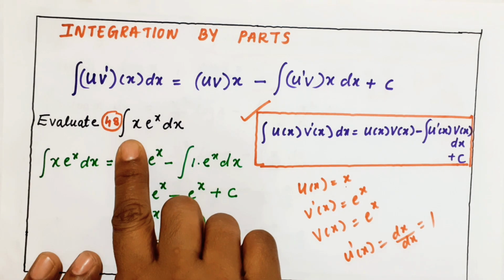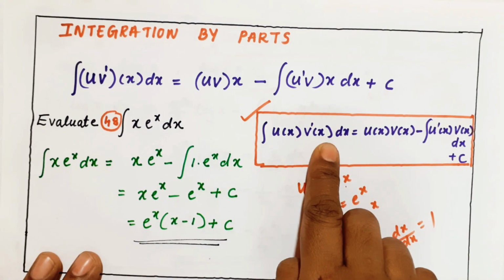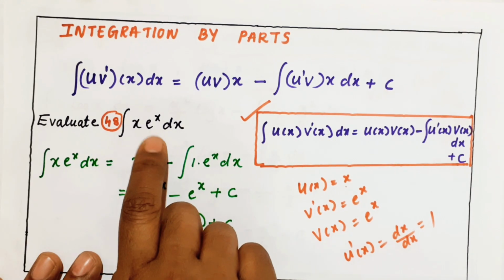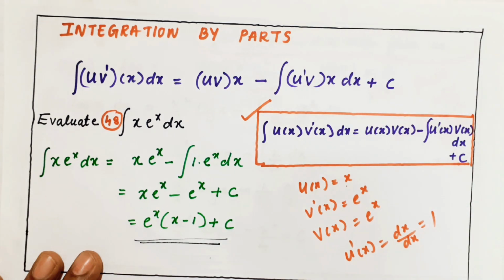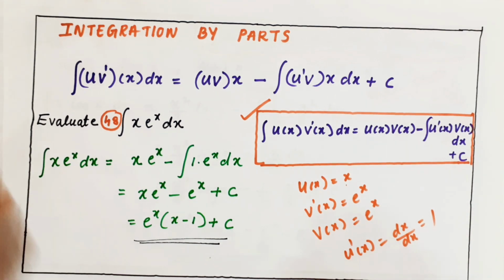The question is in the form of u of x v dash x. One term will be u of x, the next term will be v dash x. From that v dash x, we should find v of x. That is important. If we have v dash x, how do we get v of x? We have to integrate it. So we get the term like that.